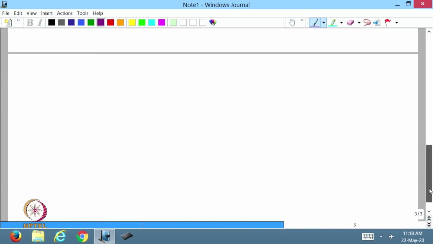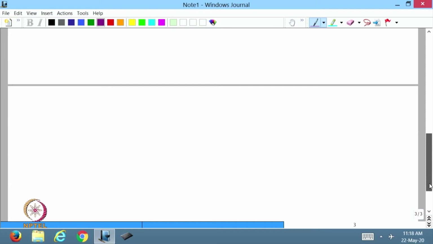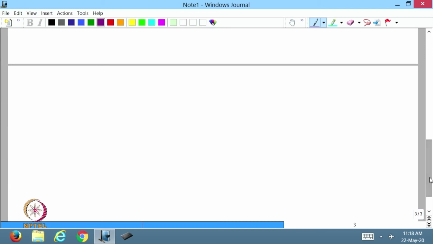So, next, after this, we want to find out what will happen if there is some error introduced in the values of the table.